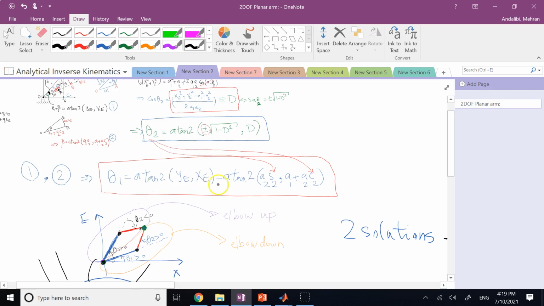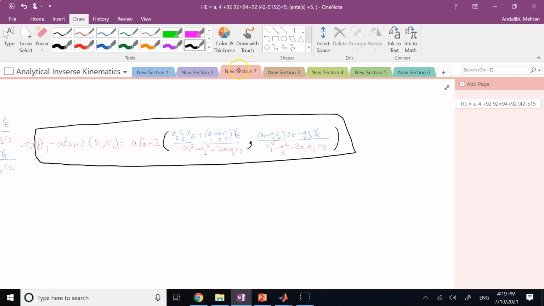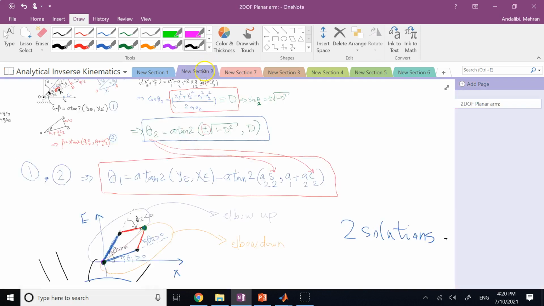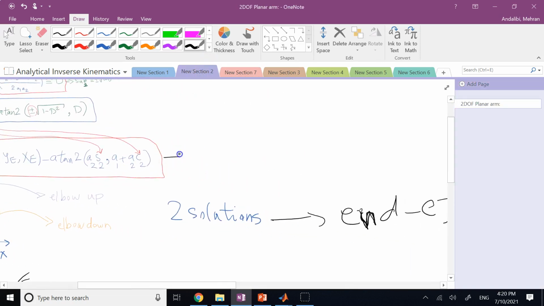All you need here is to know how to subtract two arctangents from each other. If you can subtract two arctangents from each other, then I can show you this one is exactly this guy. Okay, so you just need to do a subtraction of arctangents, and I'll give you a hint here: arctangent A minus arctangent B in general, if you know trigs, this is equal to what?